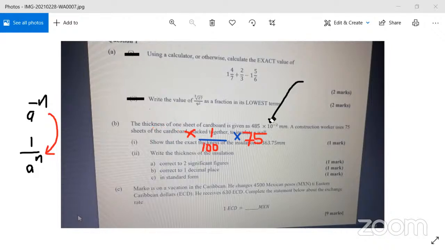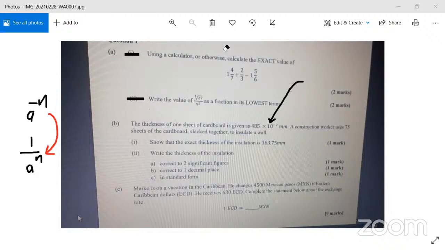Because it says a construction worker uses 75 sheets of the cardboard stacked together to insulate a wall. So they want us to prove that by multiplying 485 by 75, dividing it by 100, it should give us 363.75 millimeters, right? So let me just get that out of the way.